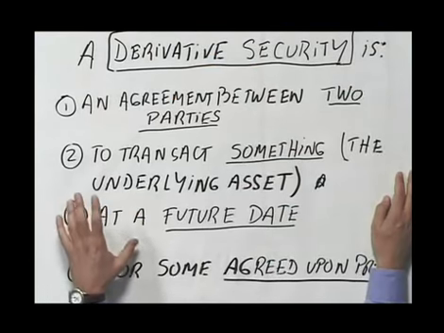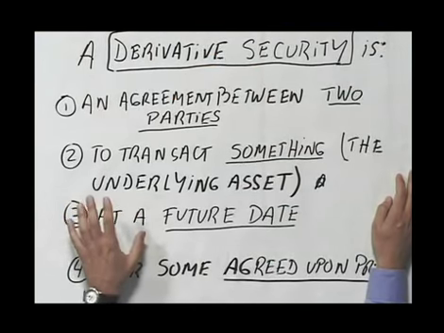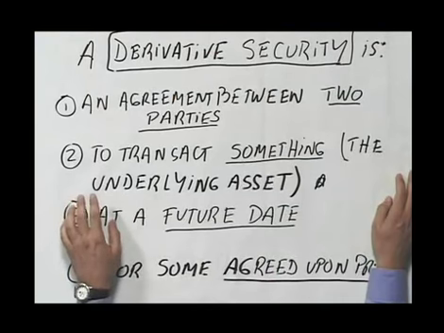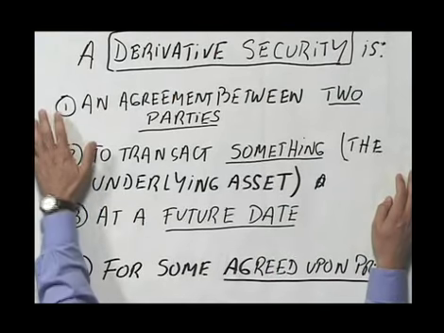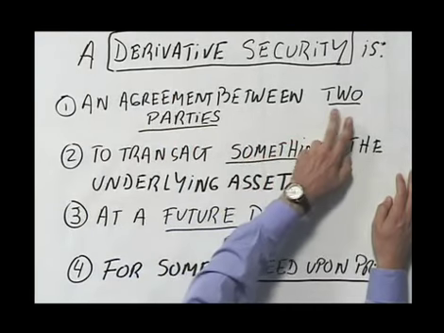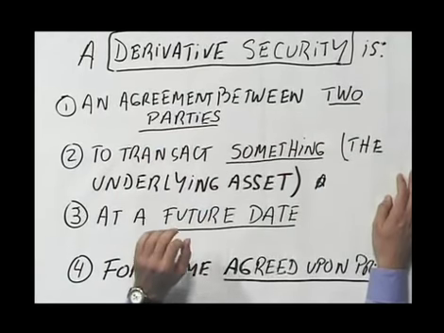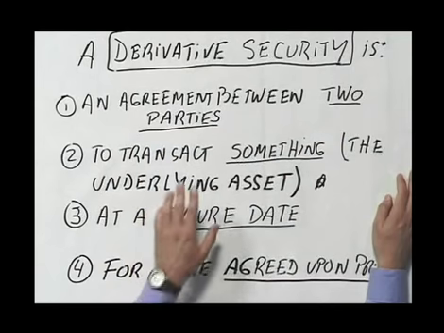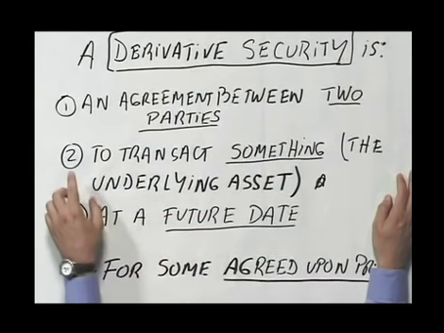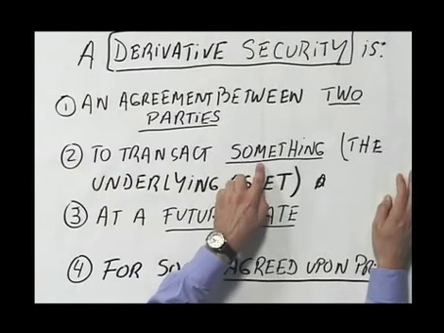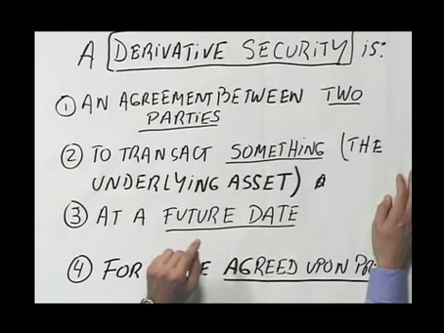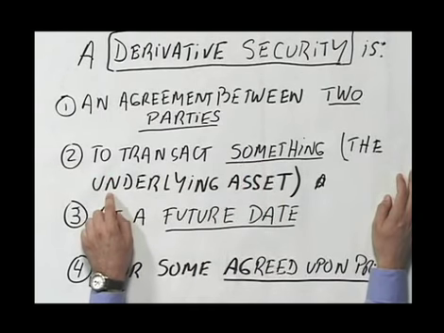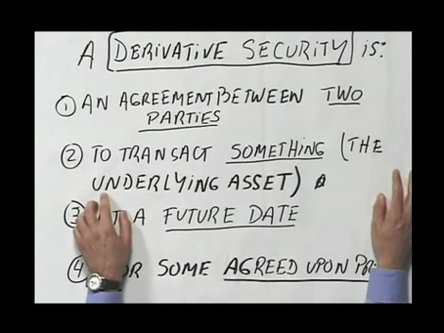Let's start by defining a derivative security. And I want you to realize that a derivative security has four elements. One, it is an agreement between two parties, and that is very important in any derivative. That is an agreement between two parties, sometimes called counterparties. This agreement is to transact something which we call the underlying asset, and that is a word that will be coming up very often in our treatment of derivatives.